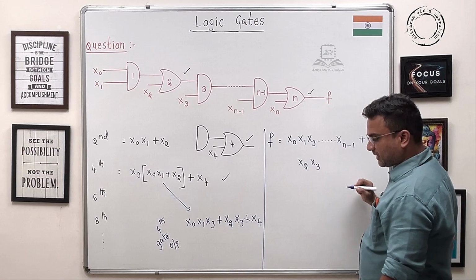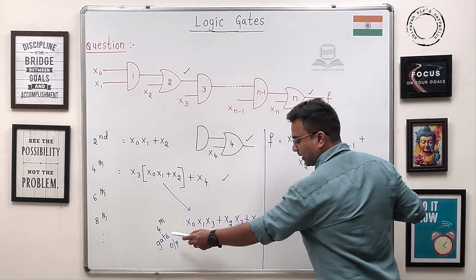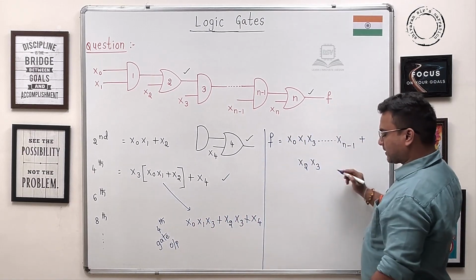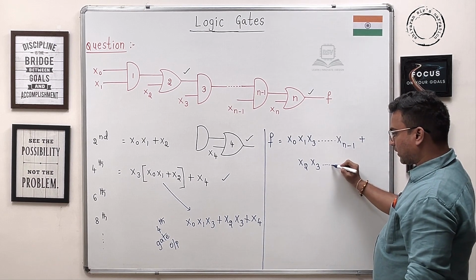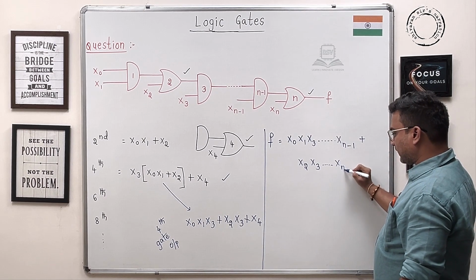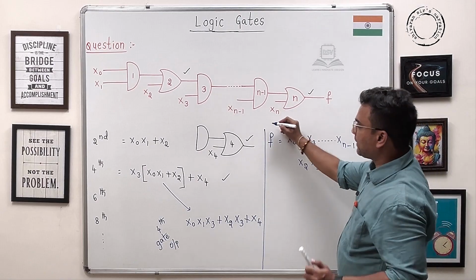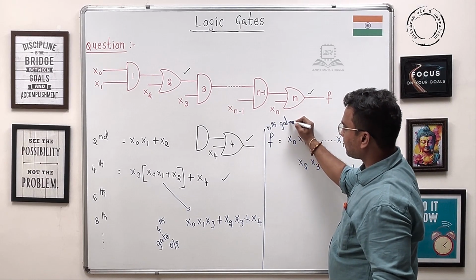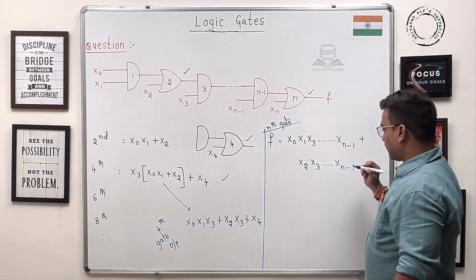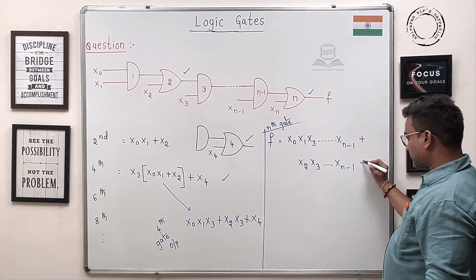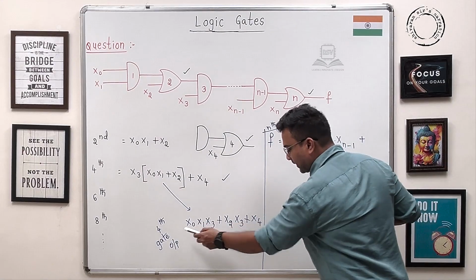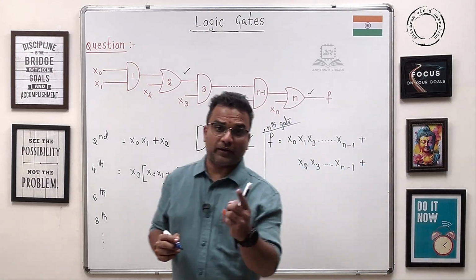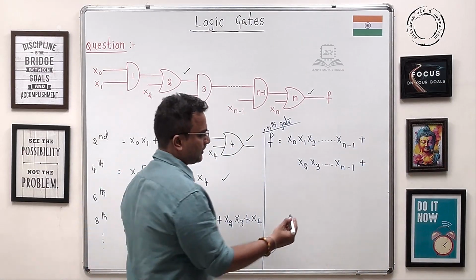Again, for the fourth gate you got till x3, hence x2 x3 and so on up to xn minus 1, because remember this is for the nth gate. Now again, plus for the fourth gate x4, hence for the nth gate xn.